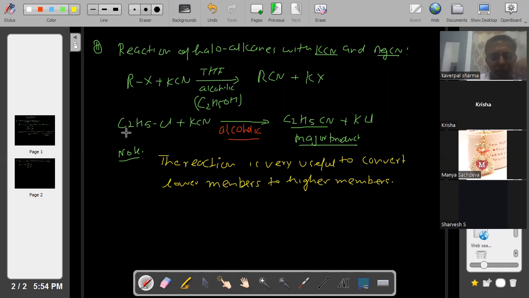You know, here is C2H5, here is C3. One more carbon is added here. If you want to add a carbon in the carbon chain, you have to use KCN, or NaCN you can also use.